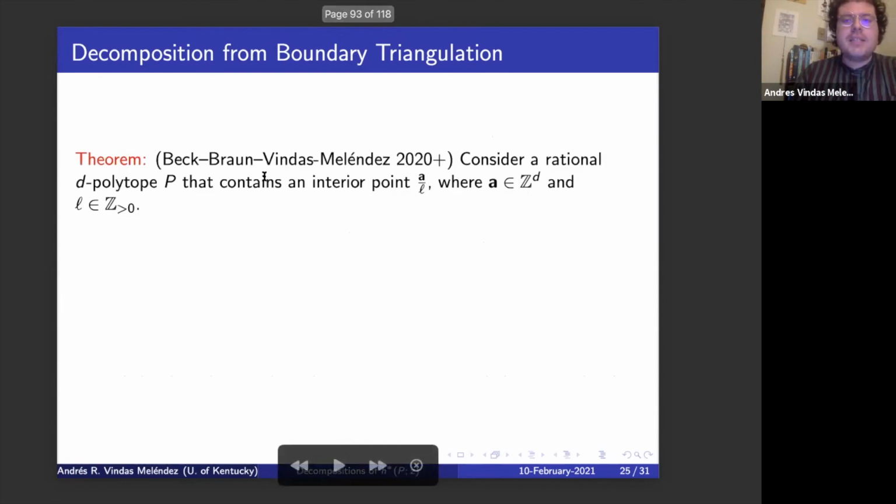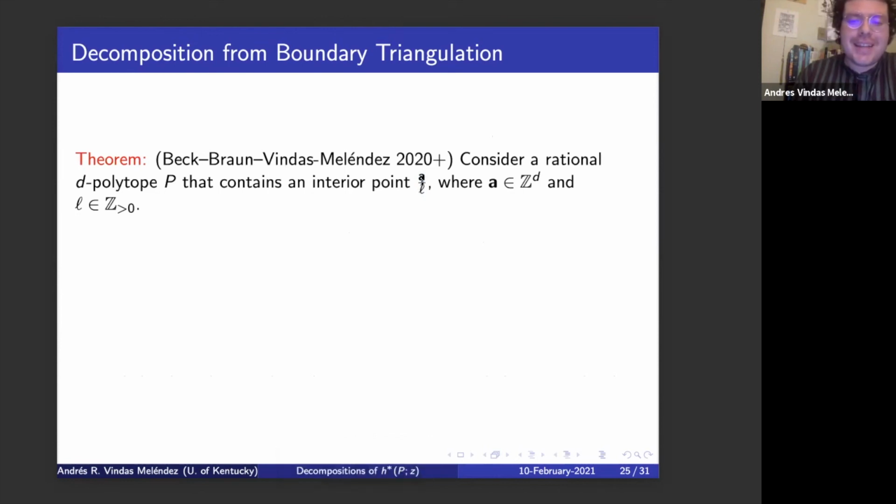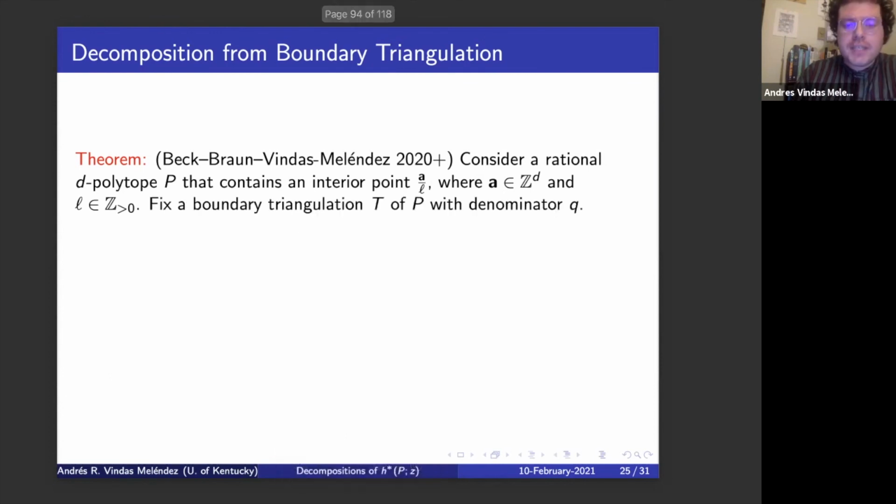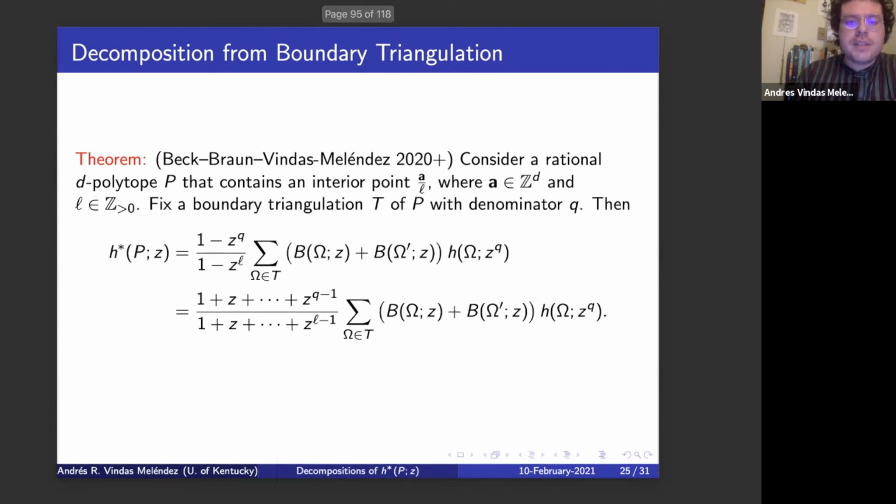So I'm going to consider a rational polytope that contains an interior point A over L, right? Or when I'm taking the cone, I can consider (A, L), right? Where A is in Z^d and L is some positive integer. I'm fixing a boundary triangulation with denominator Q. And so then this is the decomposition of the H-star polynomial that I get.